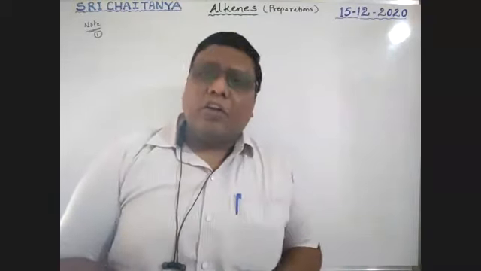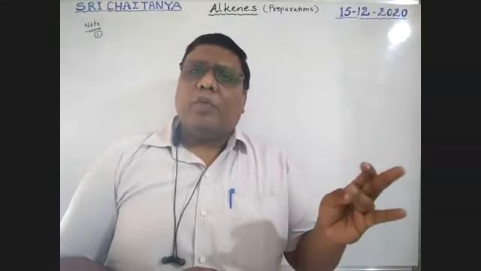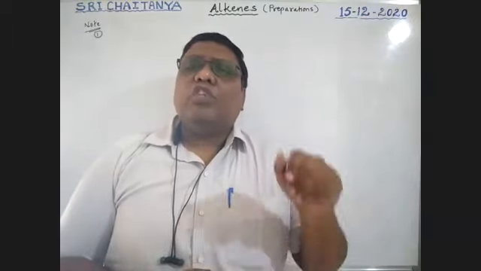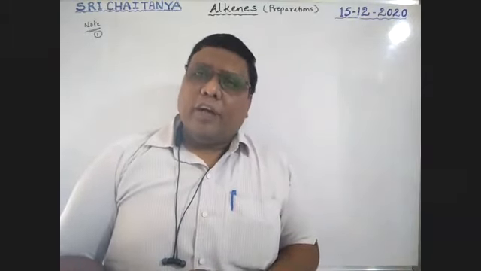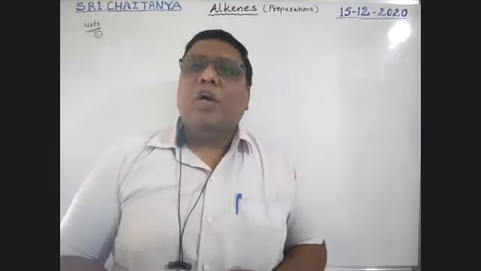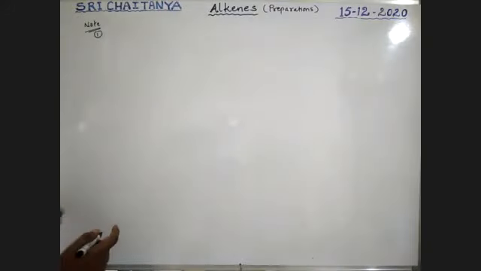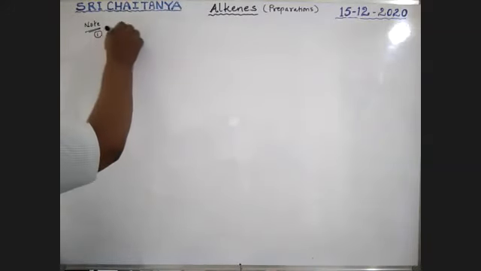So, boys, among halogens, which is the better leaving group? Iodine, bromine, chlorine, fluorine. Among these 4, which is the best leaving group? Tell me. Iodine. That is why alkyl iodide is more reactive. That is explained on the basis of leaving group tendency. So, therefore, the order of reactivity.